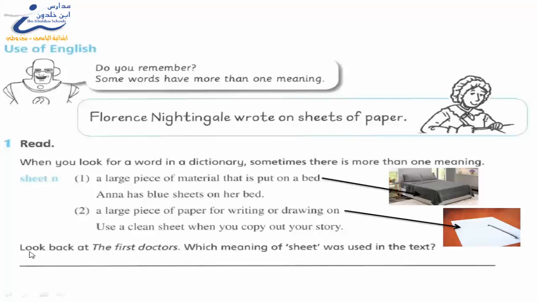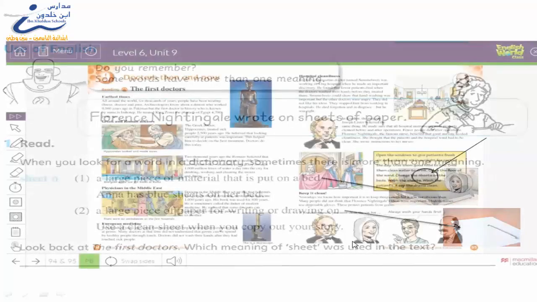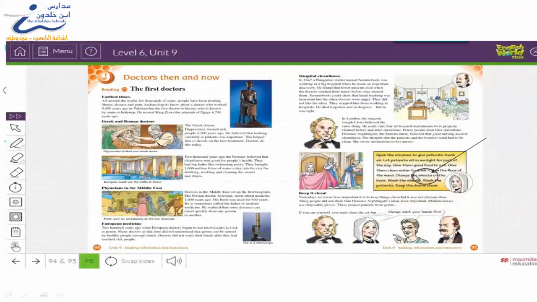Now, look back at the first doctors. Which meaning of the word sheet in the lesson which we studied at the beginning of unit 9, the first doctors, the word sheet in the text, what does it mean? Let's go back to the text. Here is the word sheets.